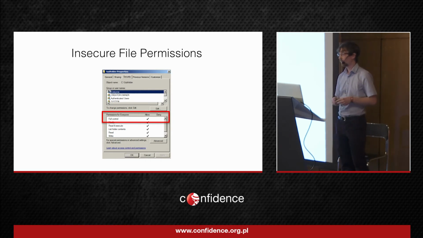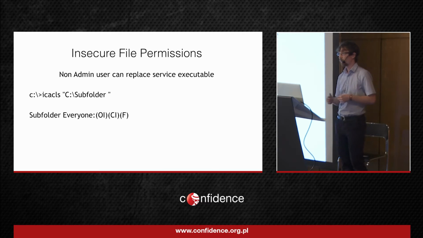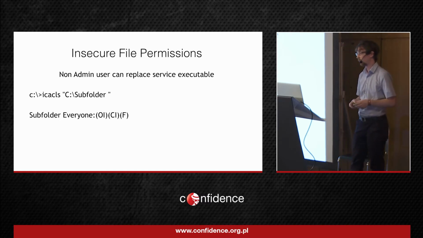So let's think that a standard user has write permission to the folder in which there is some service executable. So the standard user can easily replace that executable. And after, again, a system reboot, that executable will be running with system privileges. So instead of the original one, our malicious payload will be executed.